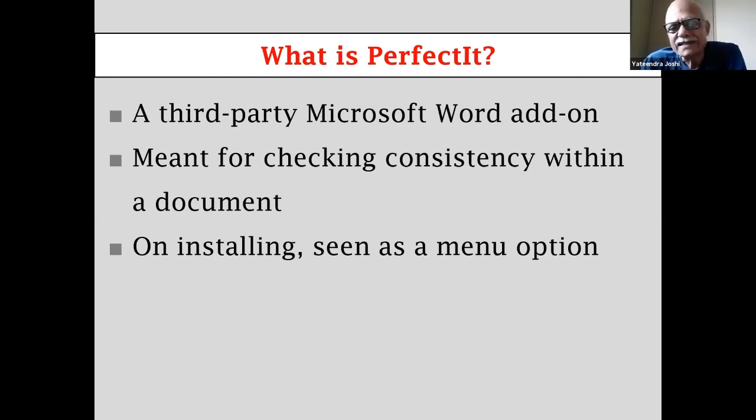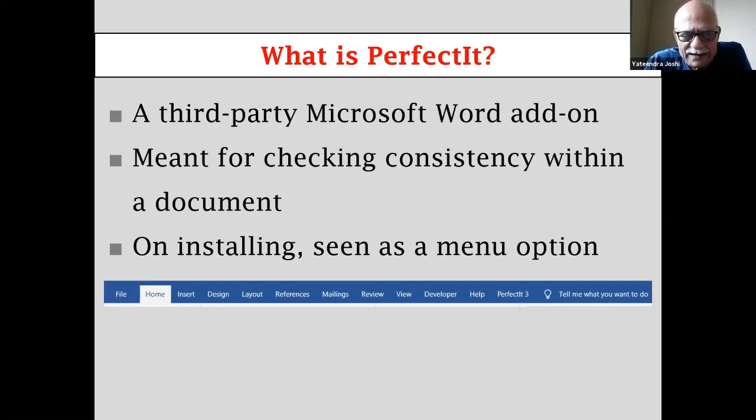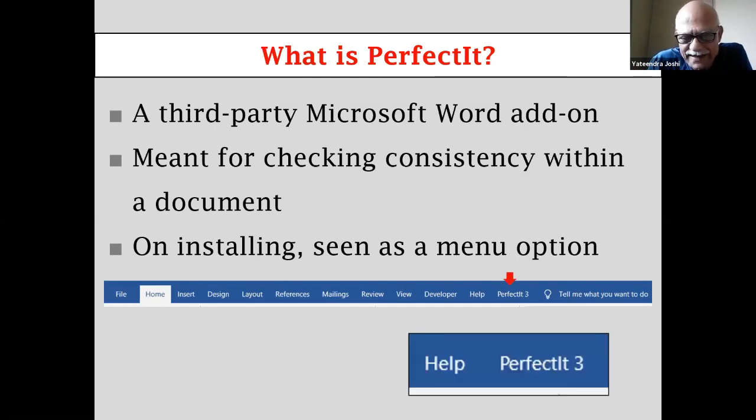And once it is correctly installed, then when you open Word, in addition to these menu options, you will also see the additional Perfectit option. So that means it is available on your screen, it is installed. And it works within Microsoft Word.